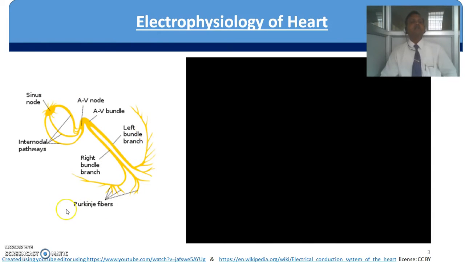Now, we have to remember that the sinoauricular node, the SA node, is present in the right atrium, and from here impulses are generated. From here depolarization of heart starts. We are going to see why it starts automatically. And from the sinoauricular node, the impulse which is generated is carried to the atrioventricular node.